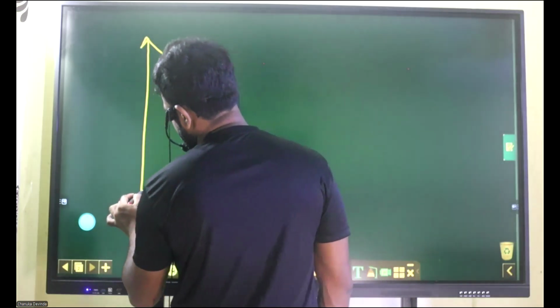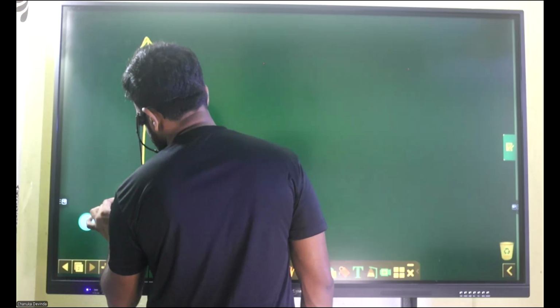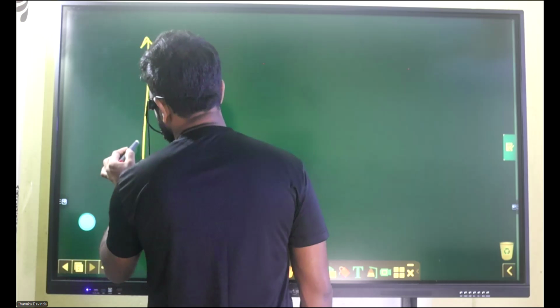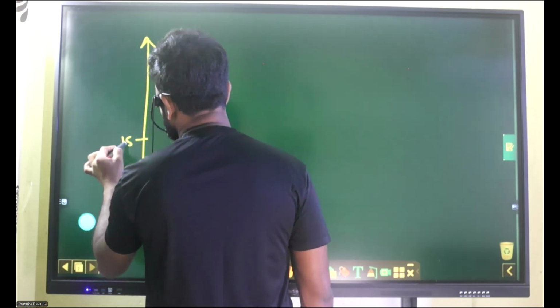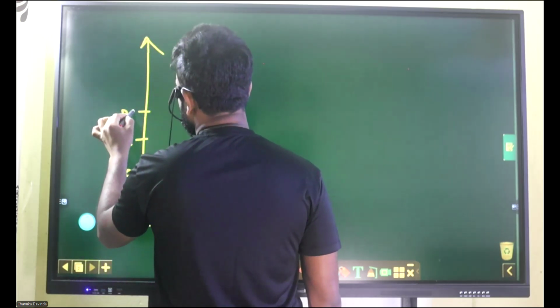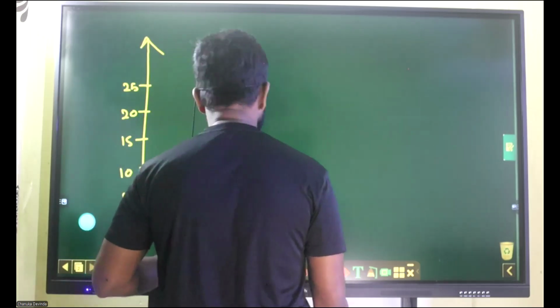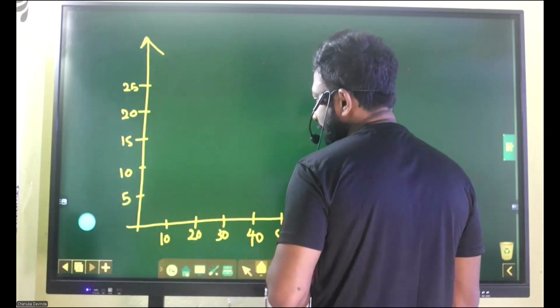So here 5 by 5, because it was reduced by 5 by 5. 5, 10, 15, 20, 25, like this.